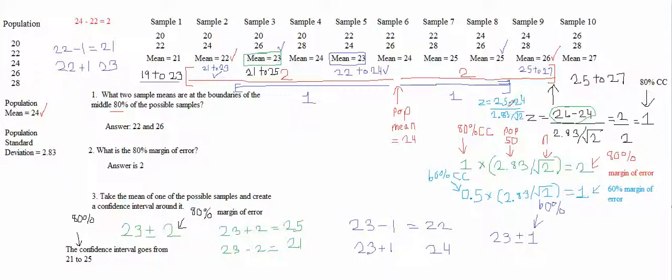And on your own, what you could try is actually getting this z-score and seeing that it does come out to 0.5, and then actually taking 0.5 and multiplying it by this, and seeing that it does work and it does give you the margin of error.